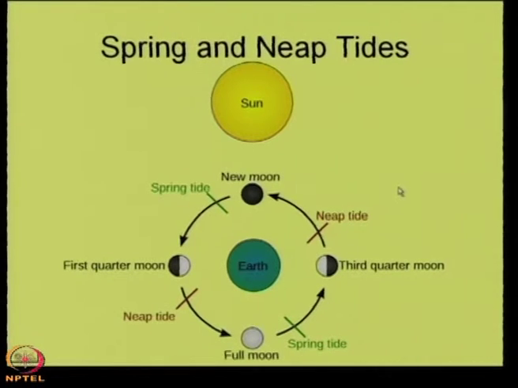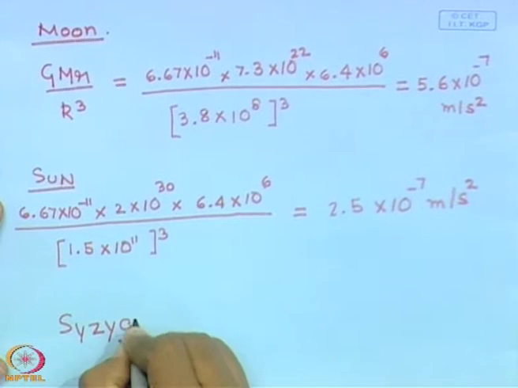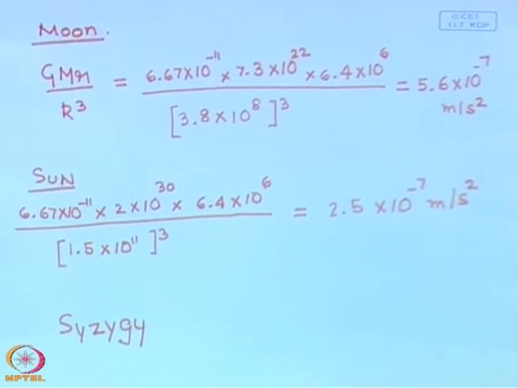Now, the tidal force of the moon is reinforced by the tidal force of the sun when the moon and the sun are aligned, when they are in the same line. This alignment of the sun, moon and the earth has a name, syzygy.